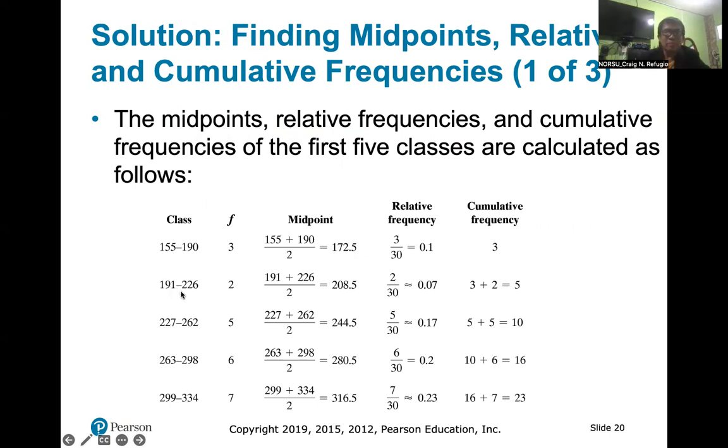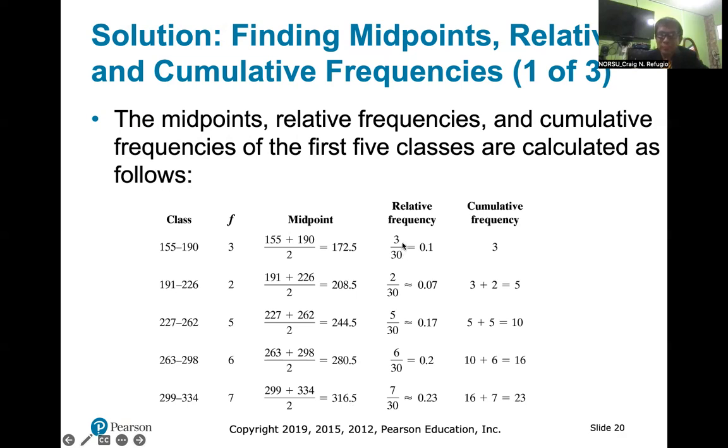Then 191 plus 226 divided by 2, 208.5. Then 227 plus 262 divided by 2, so 244.5. 263 plus 298 divided by 2, 280.5. 299 plus 334 divided by 2, so 316.5.